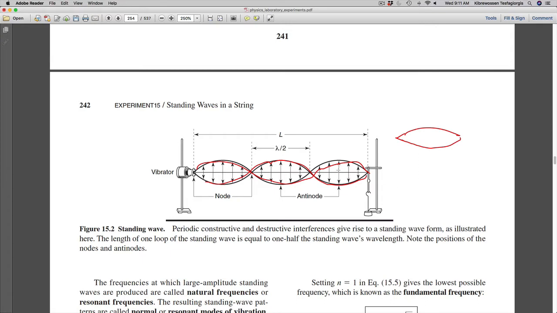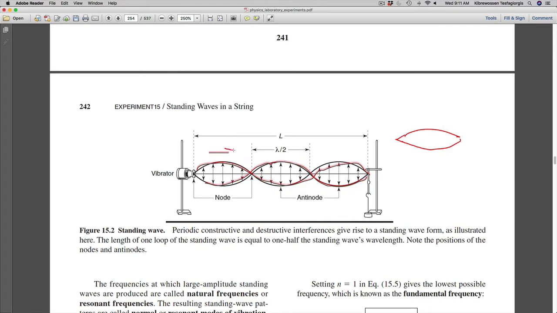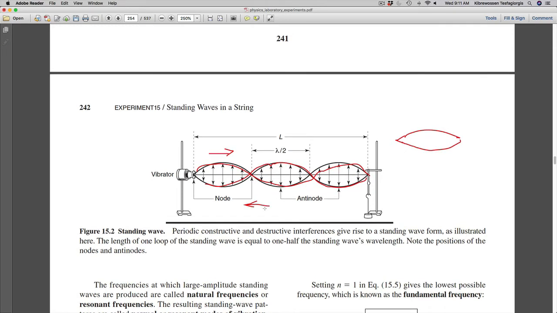Whenever you are forming a standing wave, there is a wave moving in this direction, and a wave coming in the opposite direction, which is the reflection of the other one. When that happens, you can see some kind of amplified wave that is very much visible to your eyes.